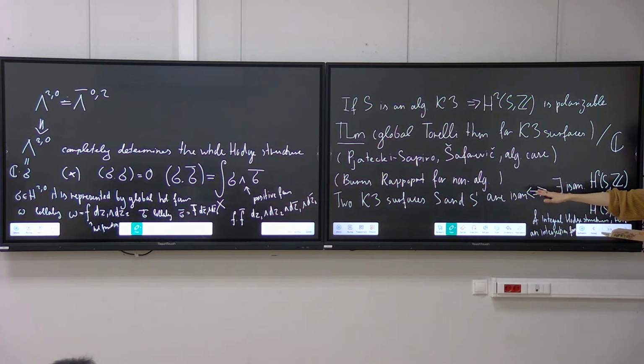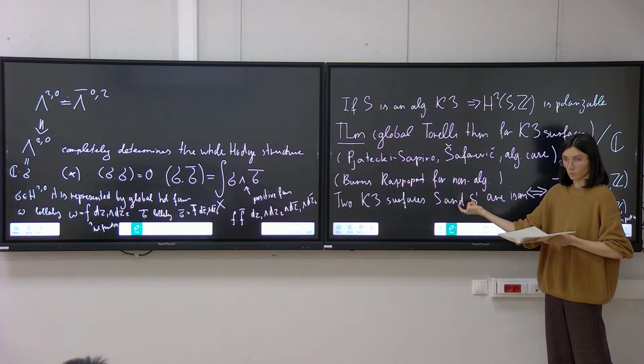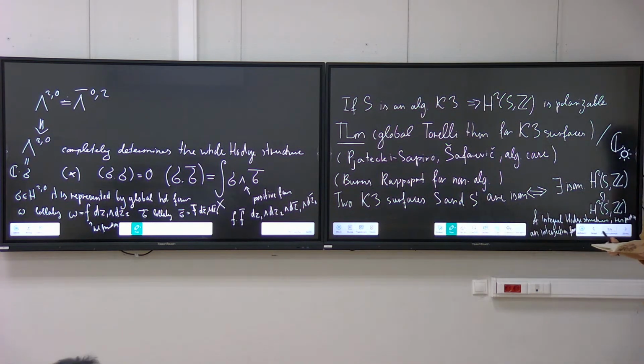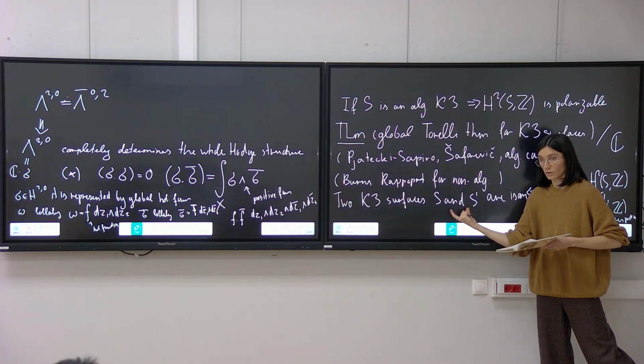So today I will explain what this is, just to formulate a more precise statement, because here I want to underline that this isomorphism does not necessarily come from an isomorphism between two K3 surfaces. Yes, if they are isomorphic, then there exists an induced isomorphism. But what I claim is that this isomorphism can be just an abstract isomorphism that does not come from an isomorphism of two K3 surfaces.